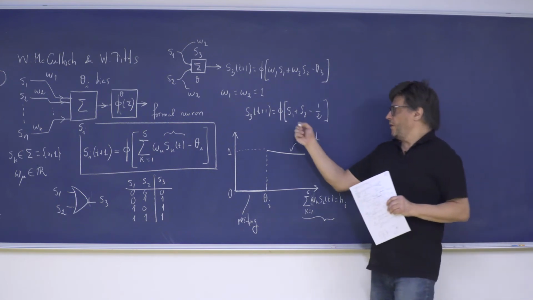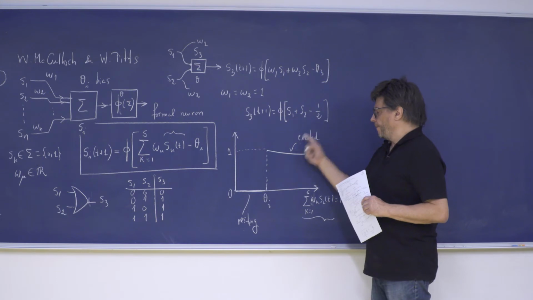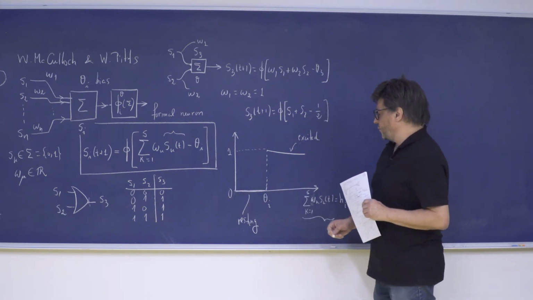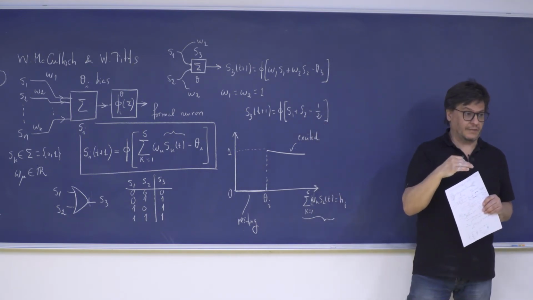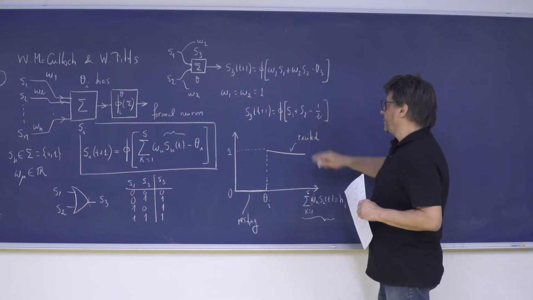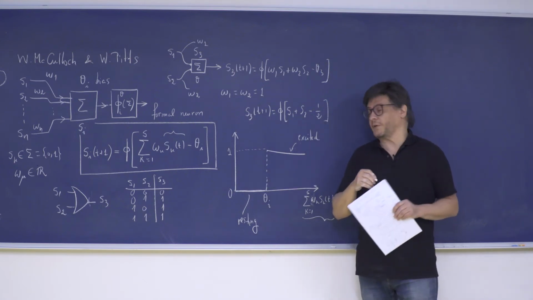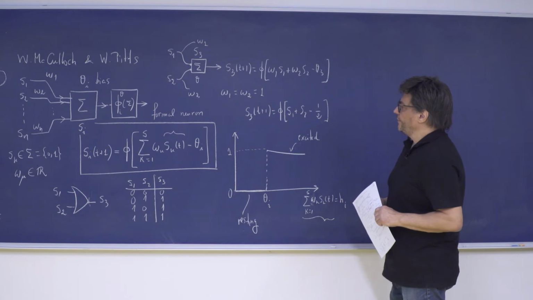If both are 0, it would be minus 1/2, in the domain below threshold, so I will not get excited. Otherwise, I will get excited. Just if one is 1, 1 minus 1/2 is 1/2, okay? So that could be an OR function, an OR gate.